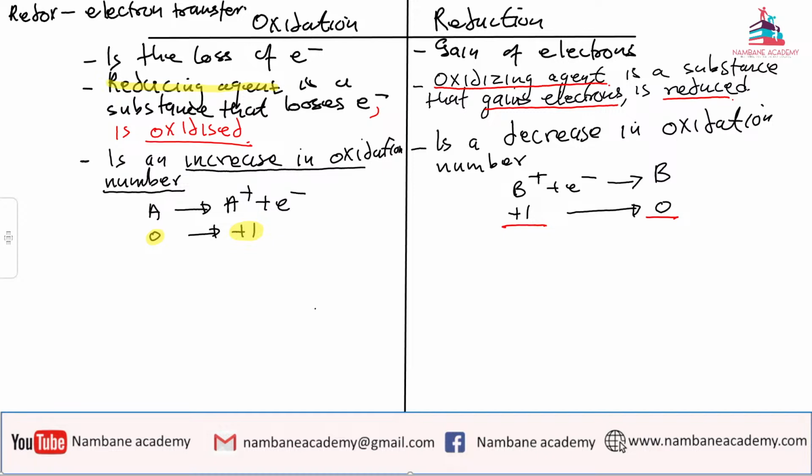Ladies and gentlemen, let me, still on the same slide, introduce this equation. E naught is equal to E cathode minus E anode. I will explain that further.